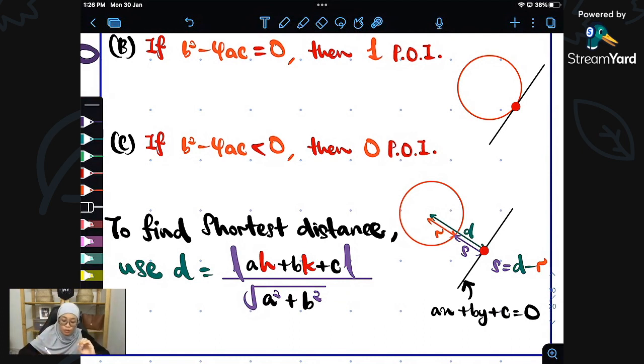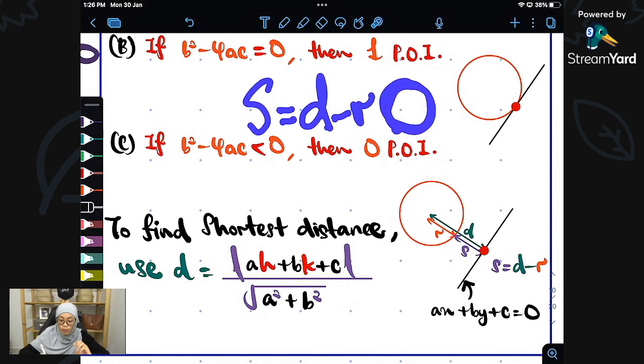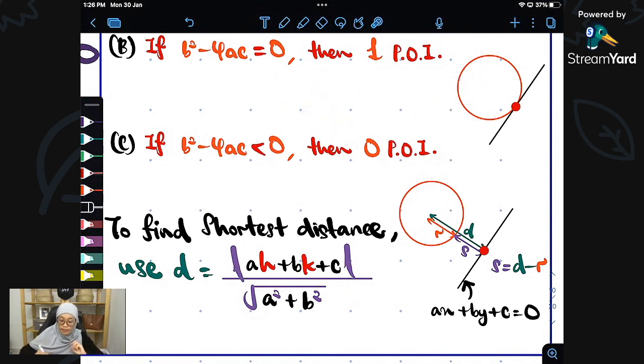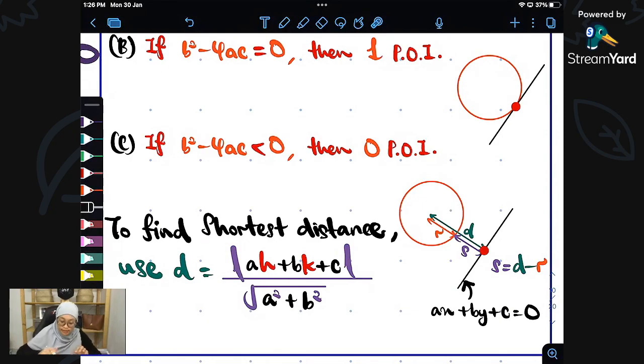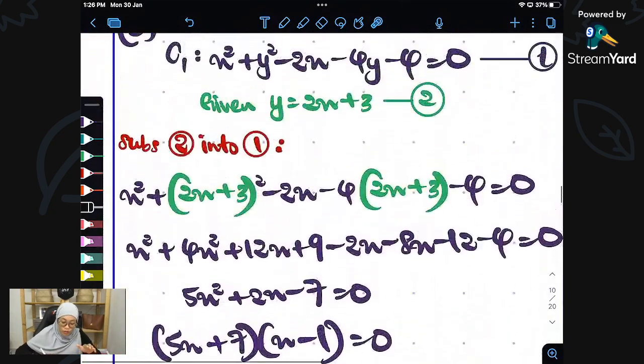Earlier I solved S equals D minus R because it was the shortest distance between the 2 circles. So this one is different. This is the second case. This formula is only for a line and a circle. Remember, it has no connection at all with the earlier question. Okay, alright, let's go back to the question here.